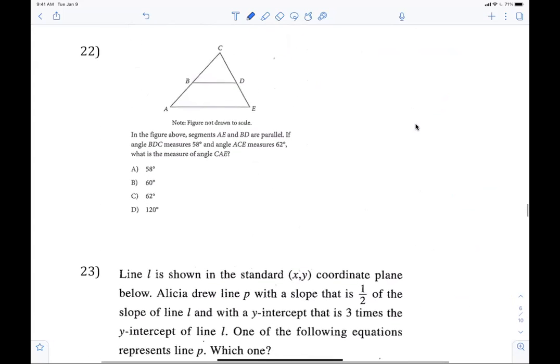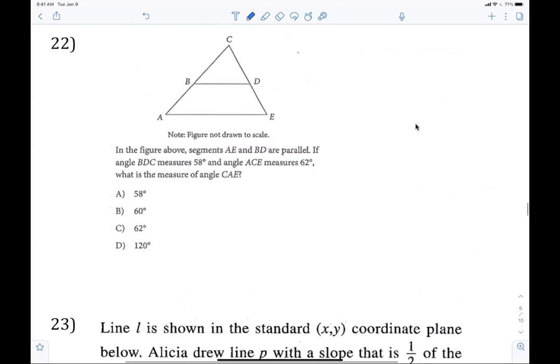All right, 22. Somebody said C, C and B. Okay, so let's look. They're parallel, right? So automatically I'm looking at corresponding angles, hopefully. So ACE is 62. This guy right here is 62. BDC is 58, right? This guy right here is 58.